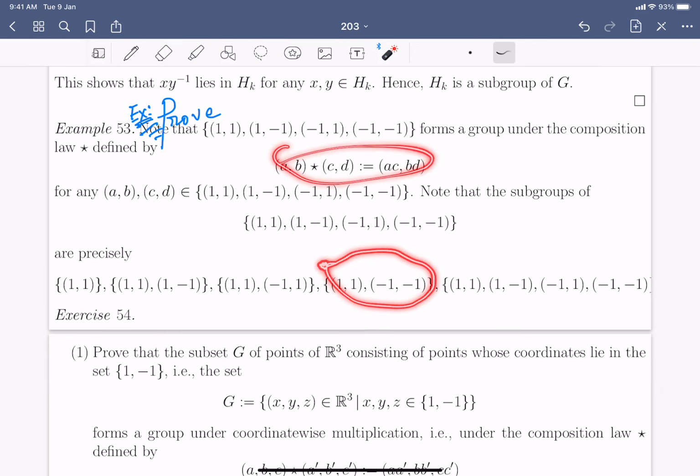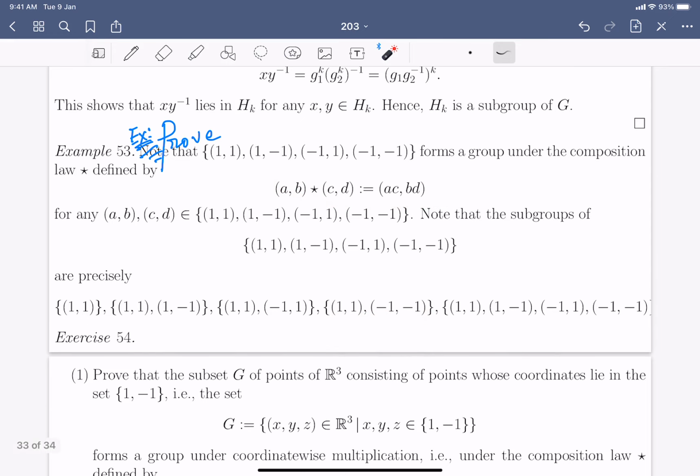Associativity will automatically hold, because associativity holds inside the bigger group. One can show that the fourth and fifth conditions are also valid within this subset, combined with the restricted composition law. So the upshot is that this is a group in its own right.